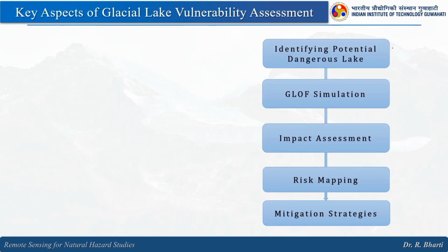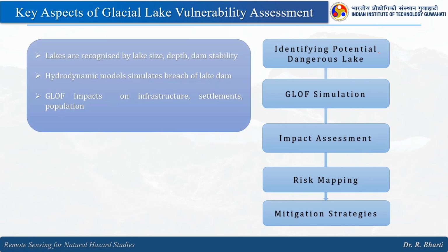So, here you can see the key aspects of glacial lake vulnerability analysis. You have identification of the potential dangerous lake, GLOF simulation, impact assessment, risk mapping and then mitigation strategies. Lakes are recognized by lake size, depth and dam stability.